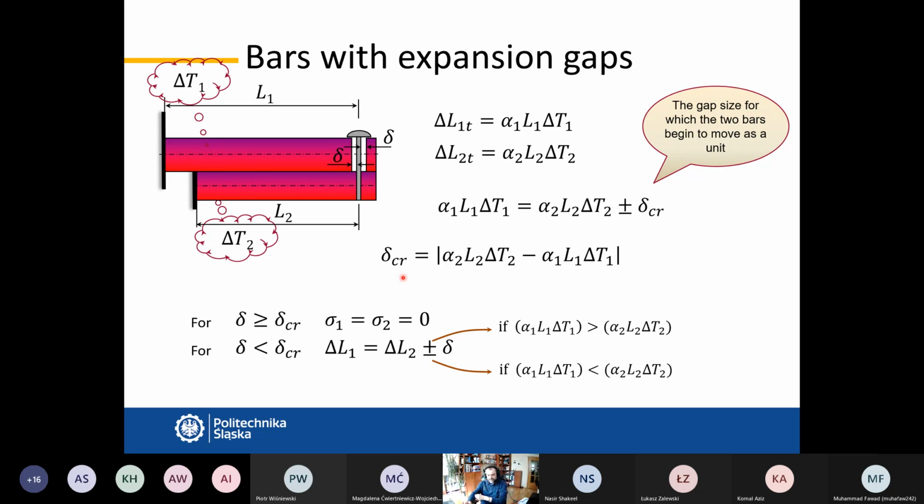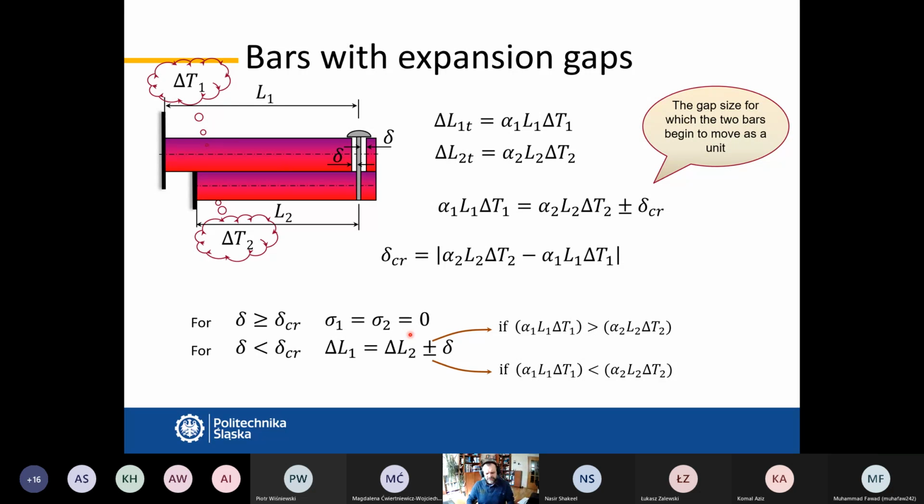That would be the magnitude when they do not come in contact. So if the actual delta, so the actual gap size between these two objects, is bigger than the critical, we have no contact at all during the entire process.